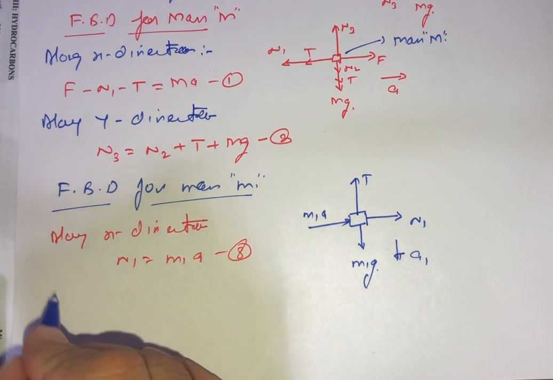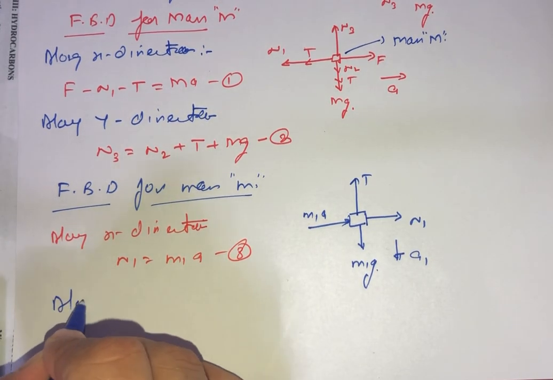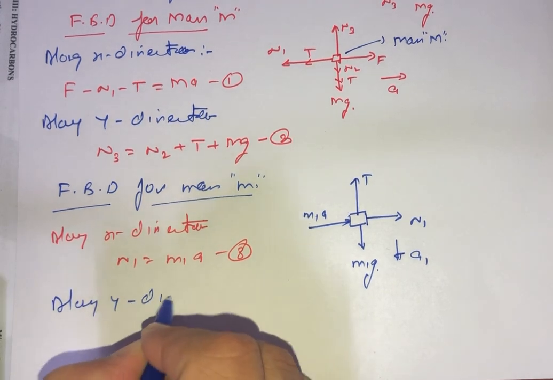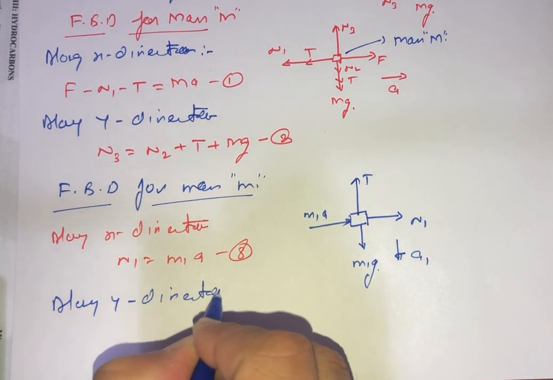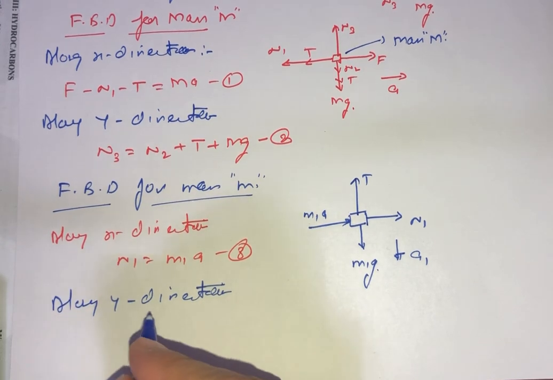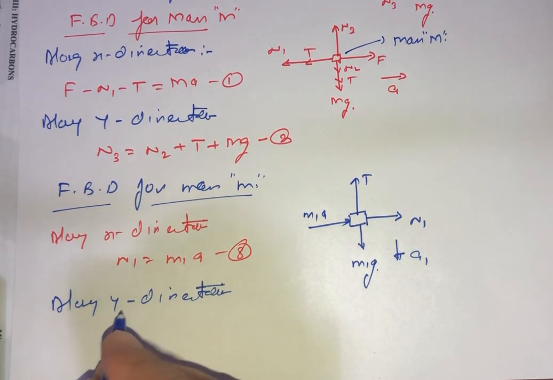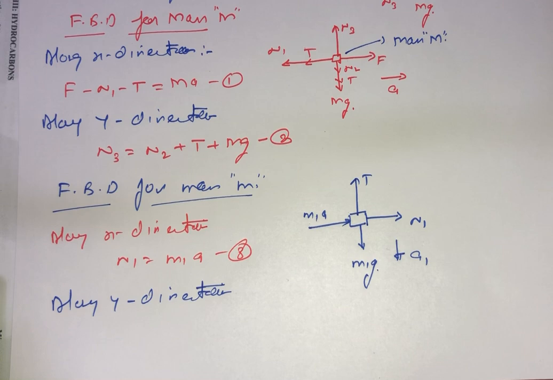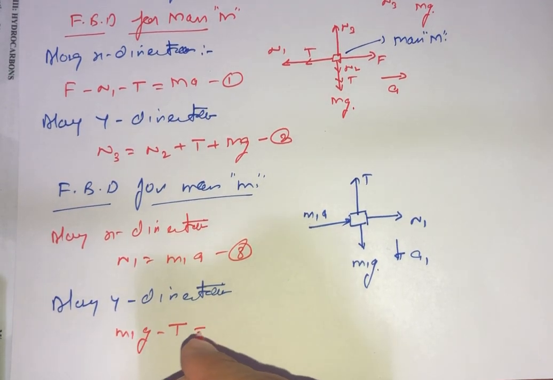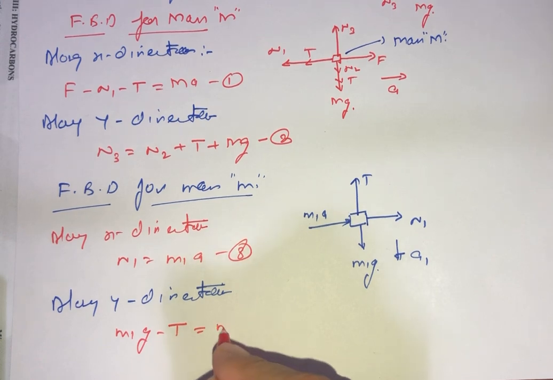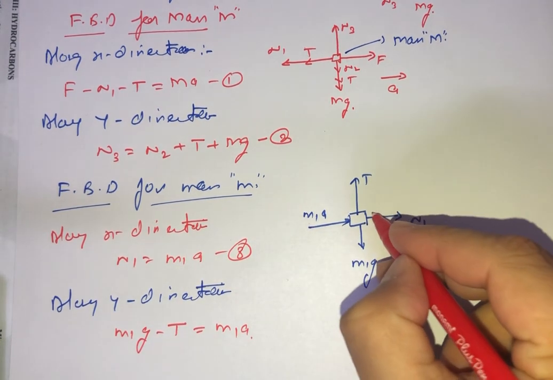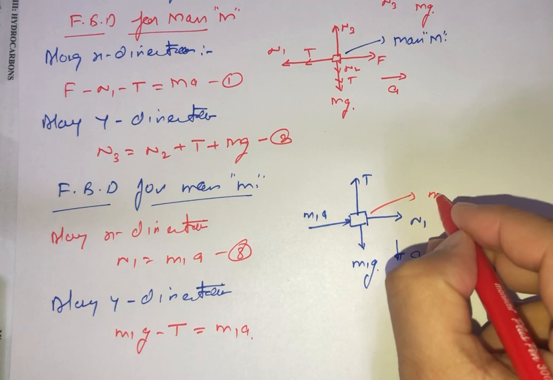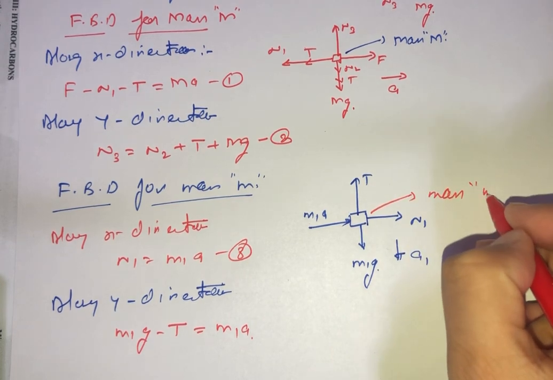And along the y direction we have m1g minus T is equal to m1a1. Okay, and this is mass m1.